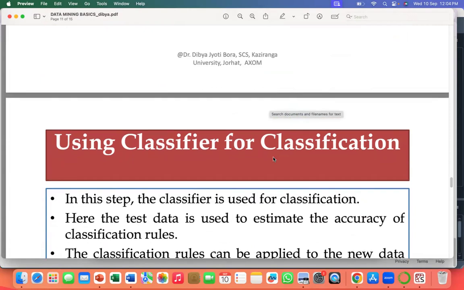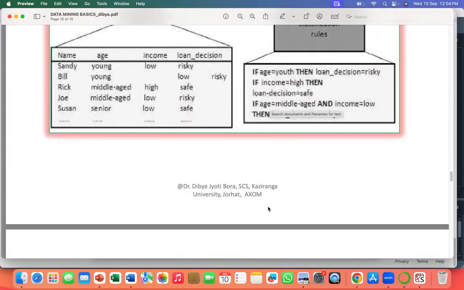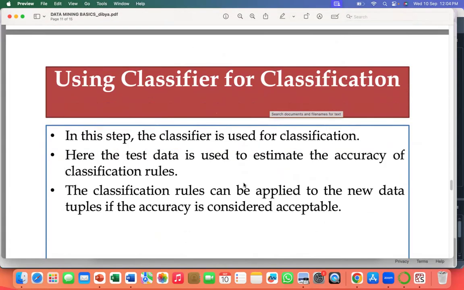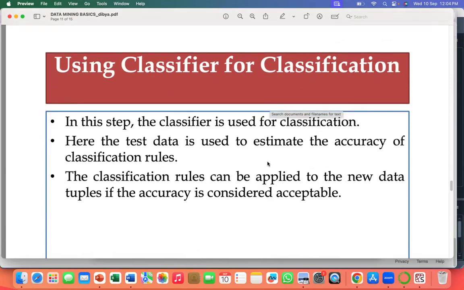Now, as we have constructed our model, that model or classifier we will use for classification. In this step, the classifier is used for classification, and here we will use test data. Test data is used to estimate the accuracy of the classification rules.